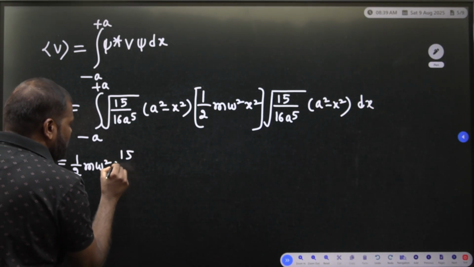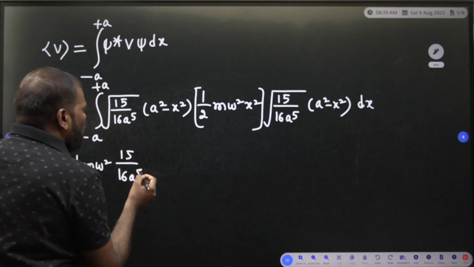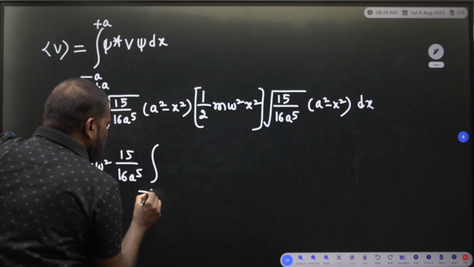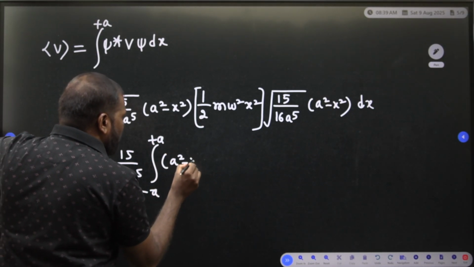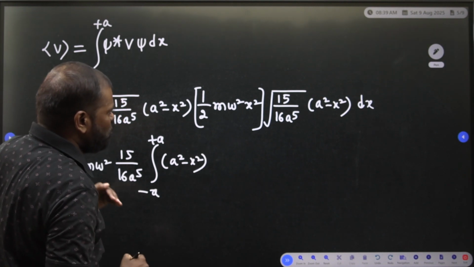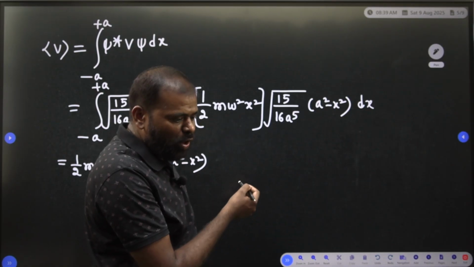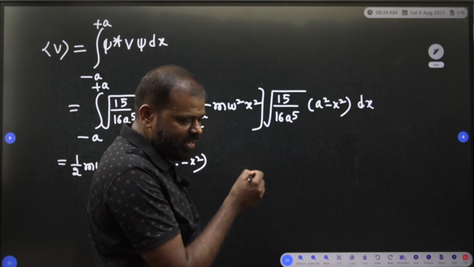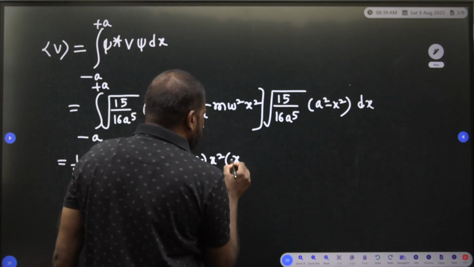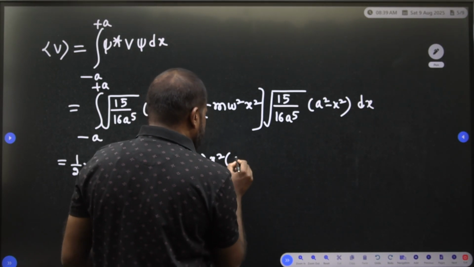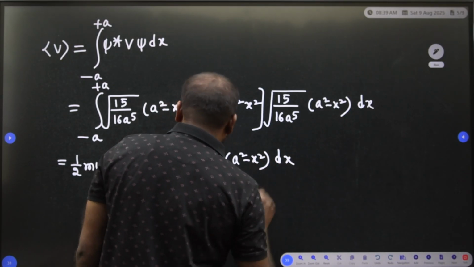So 15 divided by 16 a to the power of 5 also you have to bring outside. So the integral from minus a to plus a, you have to take a square minus x square, multiplied by x square, again a square minus x square, into dx.